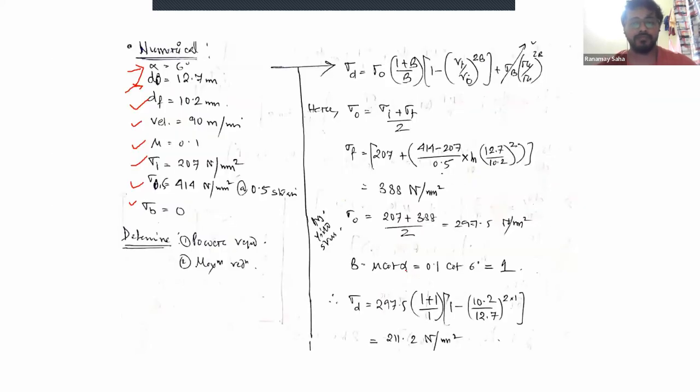Now, you have to find the drawing stress or drawing load. First, sigma b becomes 0 because no back tension has been applied, and the average flow stress is the average of initial plus final divided by 2. However, the final one you have to calculate because it is not exactly given. It is given that for this particular material, 414 megapascals of strength is achieved at 0.5 strain.